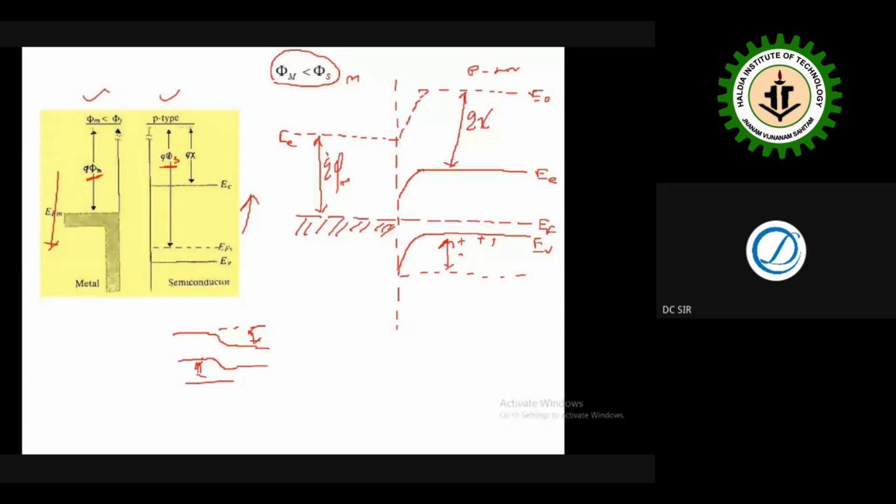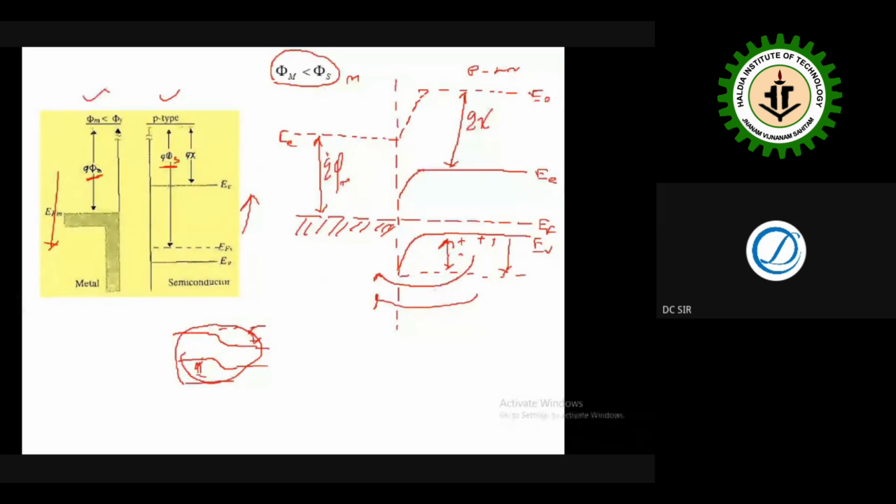When it is forward bias, this barrier decreases, and then the holes move from this side to this side. If it is reverse bias, this barrier increases, so holes cannot move from this side to this side. It is the same operation as a PN junction diode. You should always remember the PN junction diode concept; it is the same concept here.